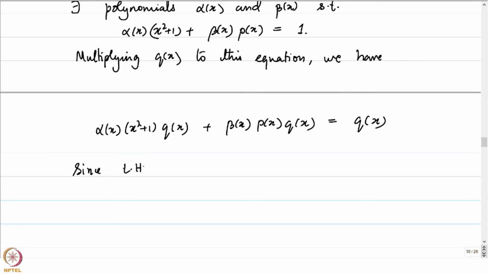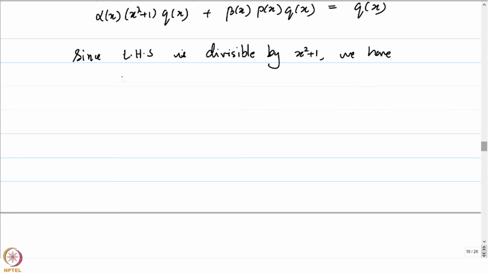Since LHS is divisible by x square plus 1, we have x square plus 1 divides q of x, and therefore x square plus 1 is a prime element, and therefore the ideal generated by x square plus 1 is going to be a prime ideal.